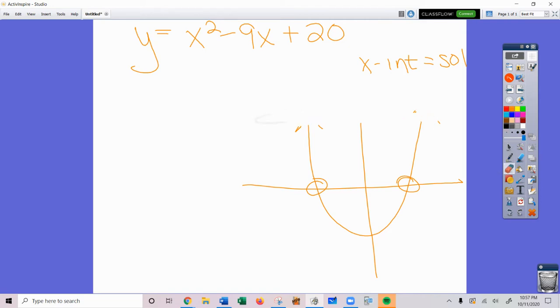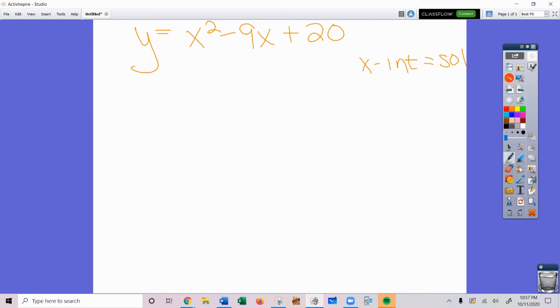And we can get those solutions, we can get those x-intercepts by solving a quadratic. Okay, and we can solve a quadratic by using the quadratic formula. So when we say we want to use the quadratic formula, we've always said that it has to be equal to 0.